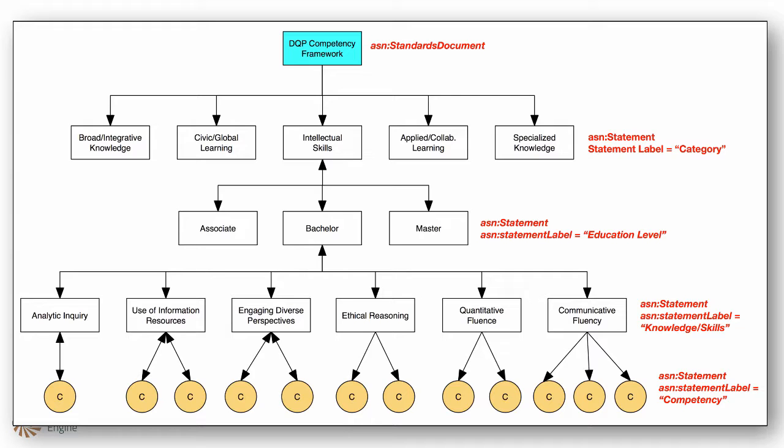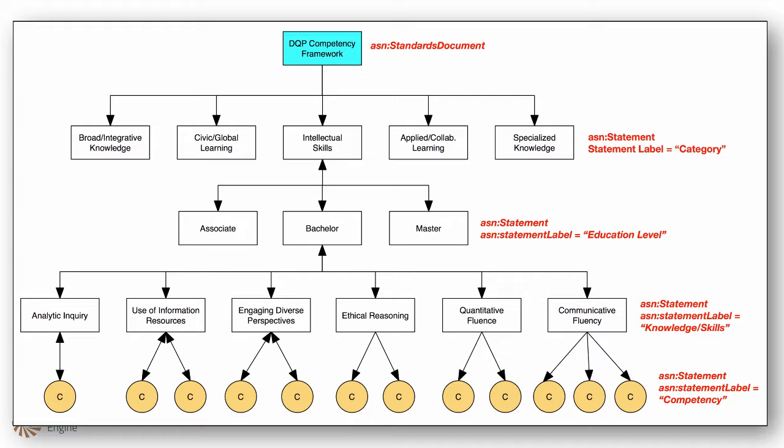Using ASN, that has as children a set of statements below it of the type education level, which is peculiar to the DQP, of associate and bachelor. We can go on down the tree. Hanging off of the bachelor's degree, we see a set of knowledge skills areas, analytic, and so forth.